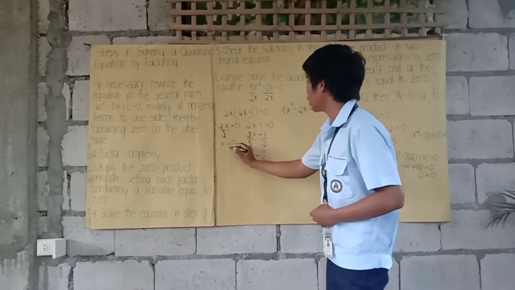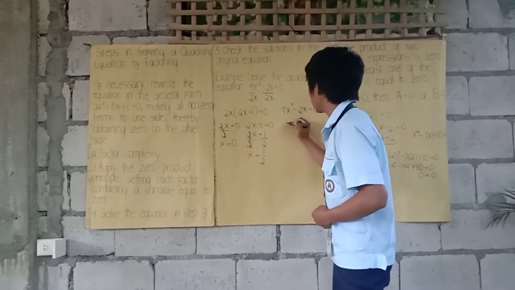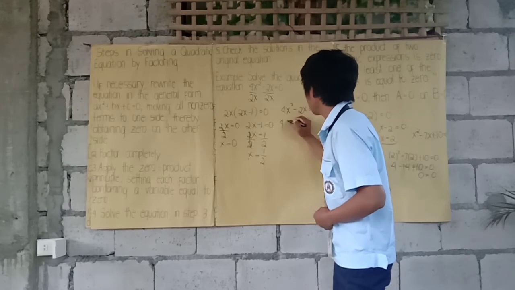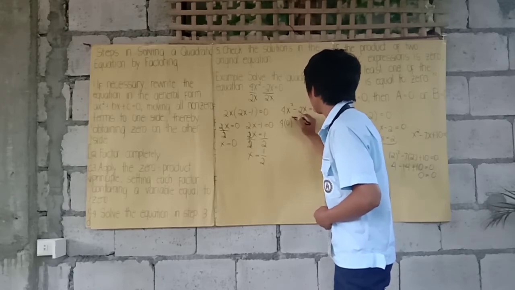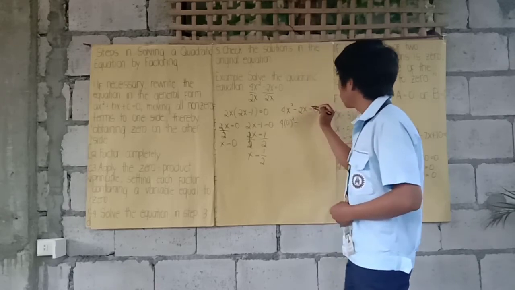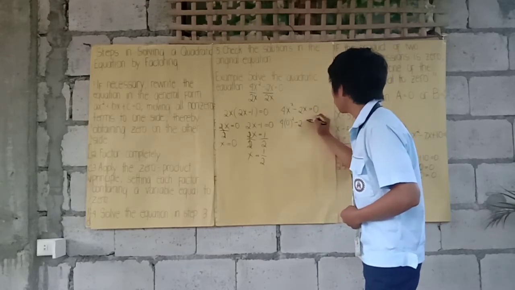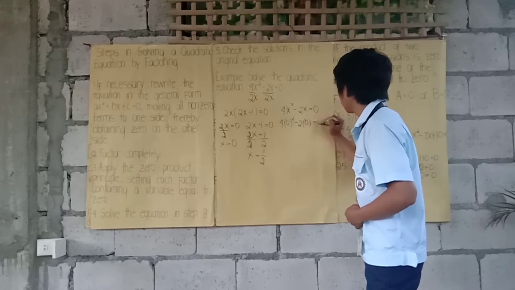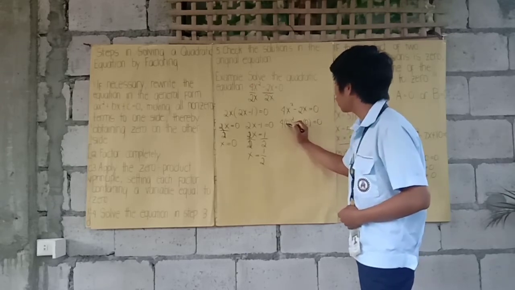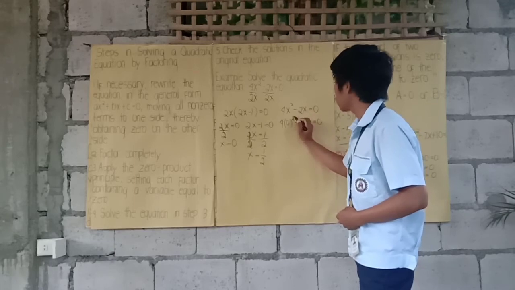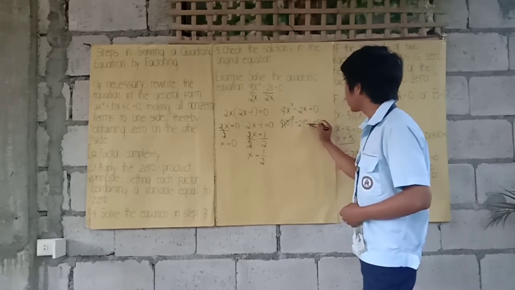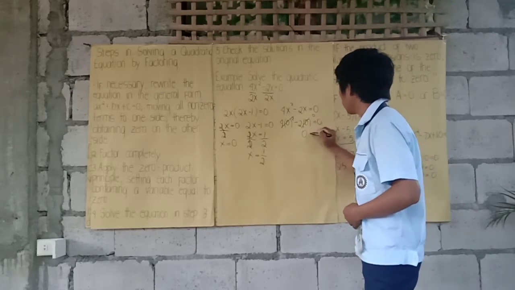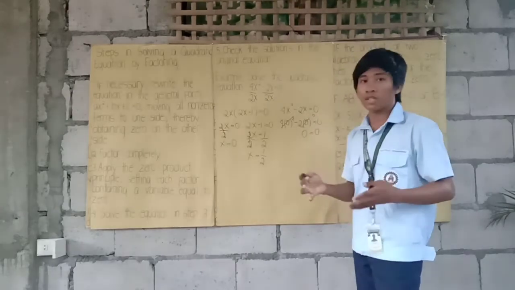So, yung una muna natin yung x is equal to 0. So, 4 times 0 squared minus 2 times 0. So, ibig sabihin niya 0 na yan. So, 0 is equal to 0. So, nag-true statement siya.